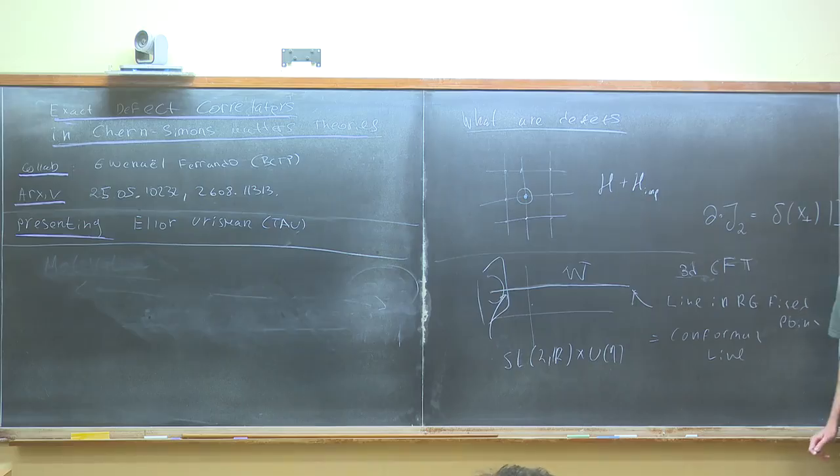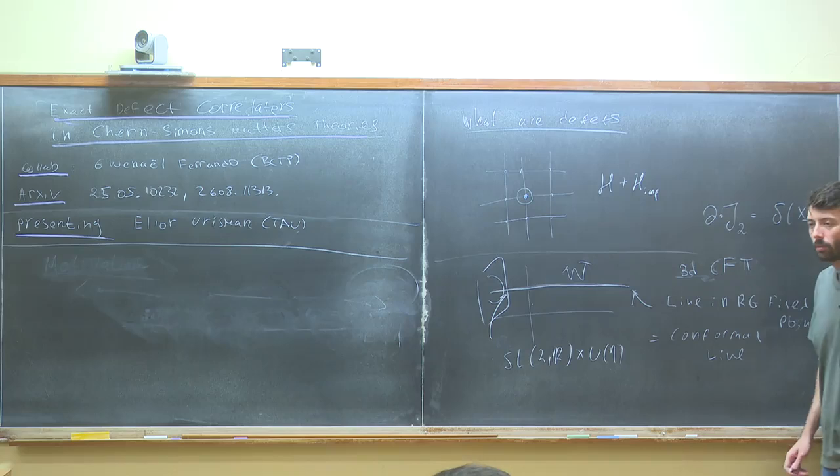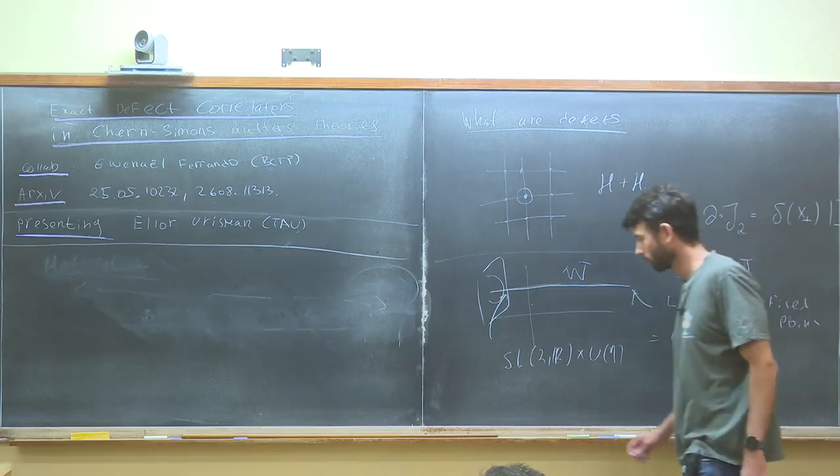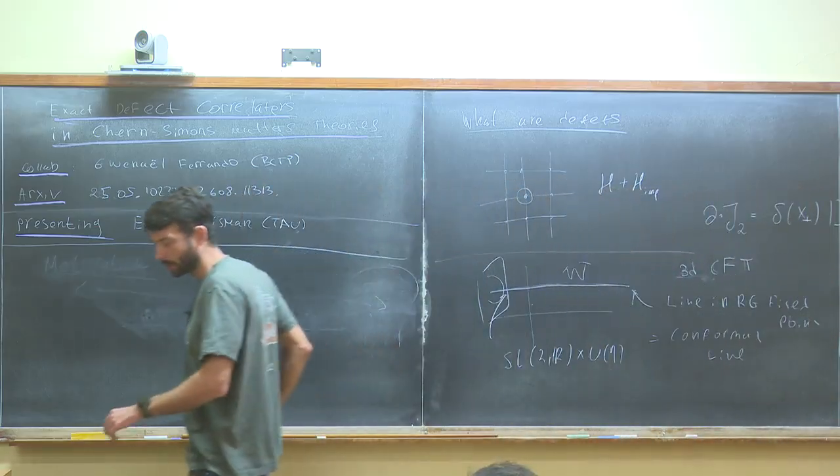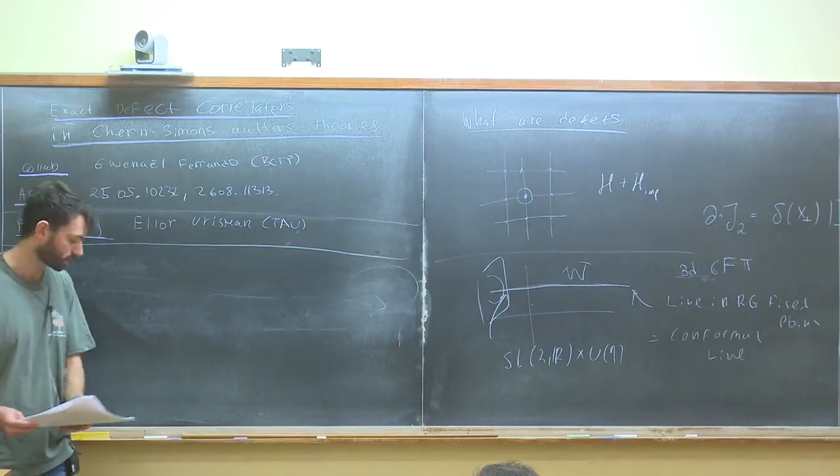That I don't know. The trace of the stress tensor, for instance, does that have some contribution to the displacement operator? Not that I'm aware of, no. I don't think so. But good question. I need to think about that.